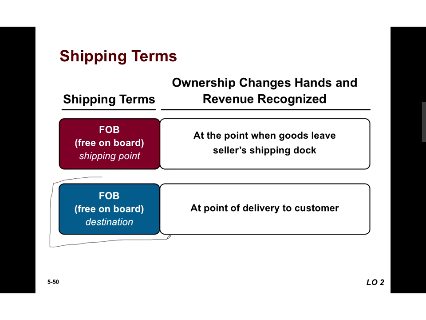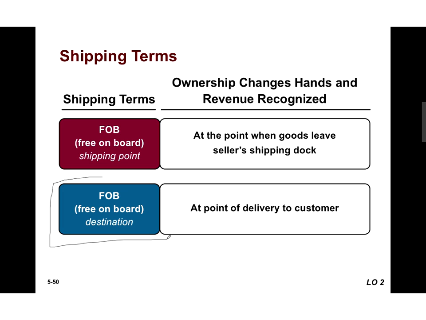So just reading that chart, FOB destination, revenue is recognized when? Revenue is recognized by the seller when the goods leave its shipping dock. True or false? And again, look at this section of the notes. We're talking about when revenue is recognized.